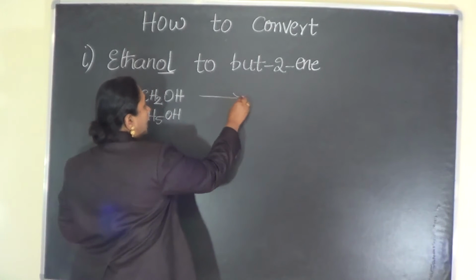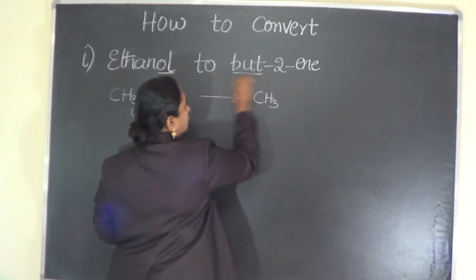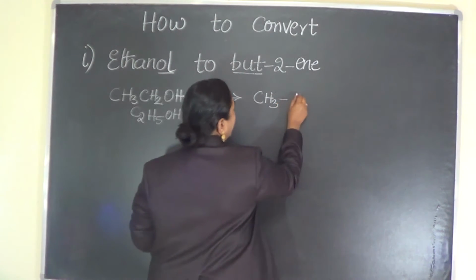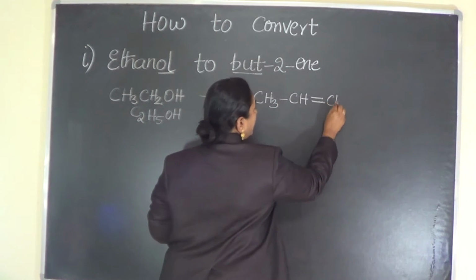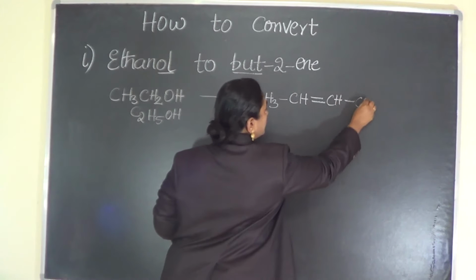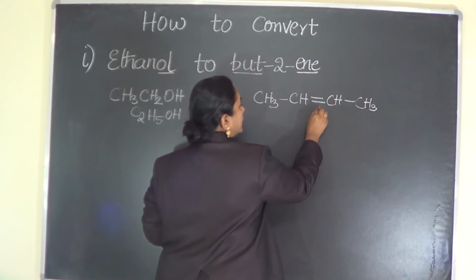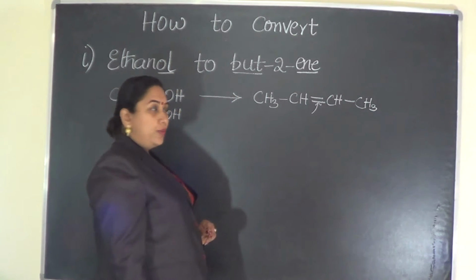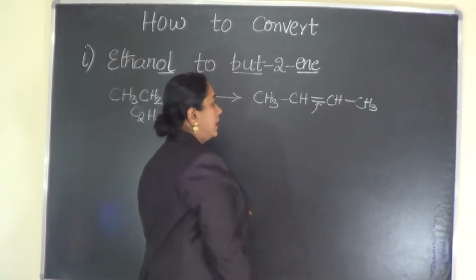So how will that be? Butene means the root word "but" is there, so the organic compound contains 4 carbon atoms, and it is "ene", that means alkene, so the compound contains a double covalent bond, present between the second and the third carbon atom.